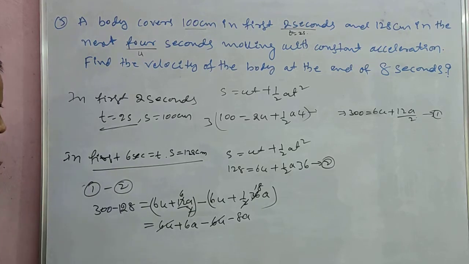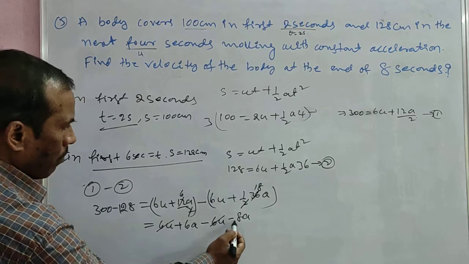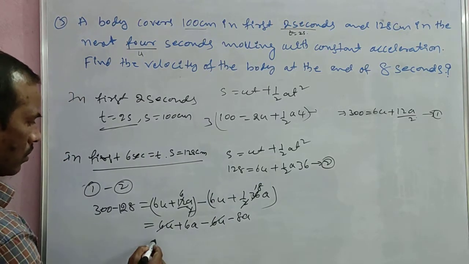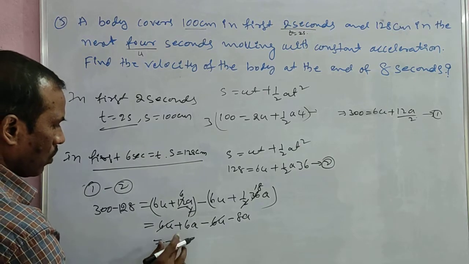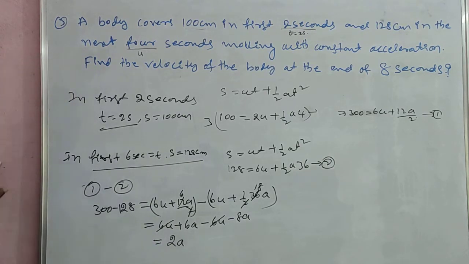Simply 6a minus 18a, so the remaining is minus 12a.